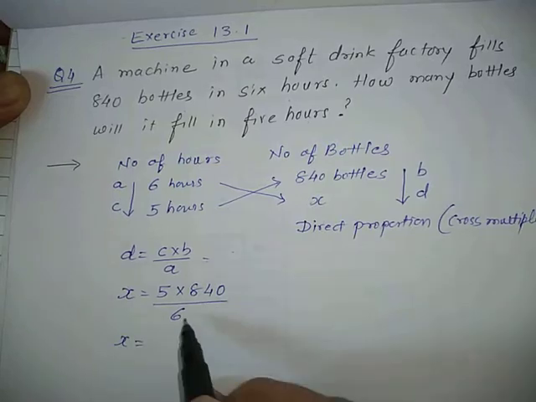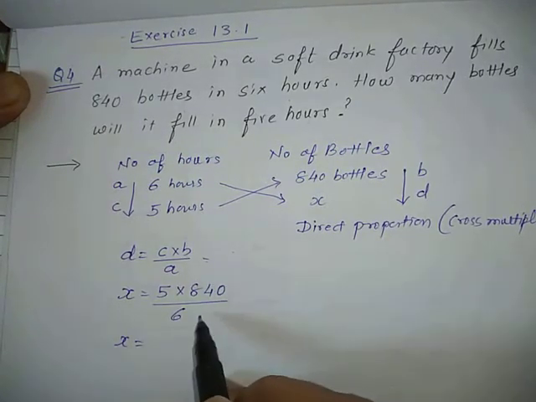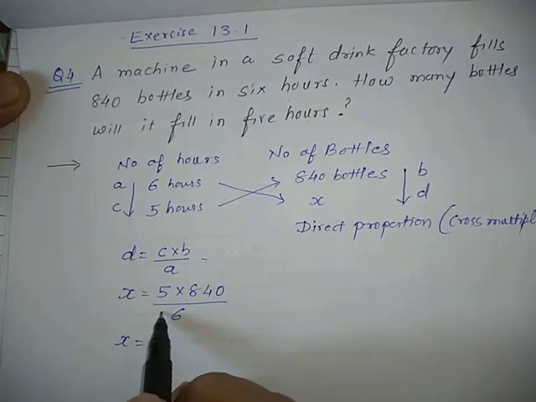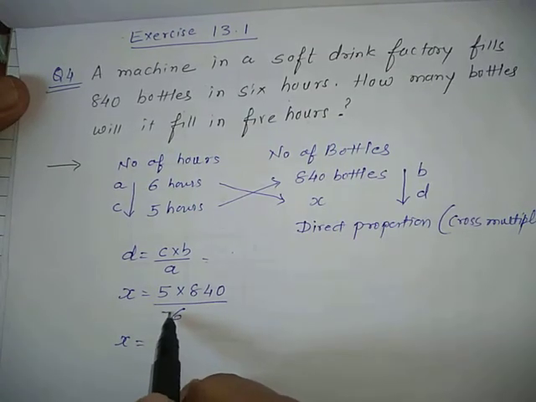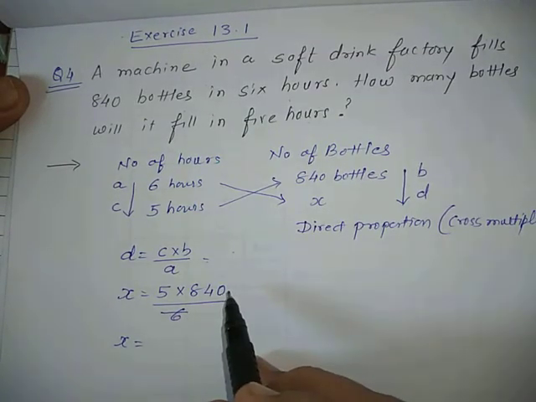So X is equal to 6 का table में we can cut it out, और 2 का table.